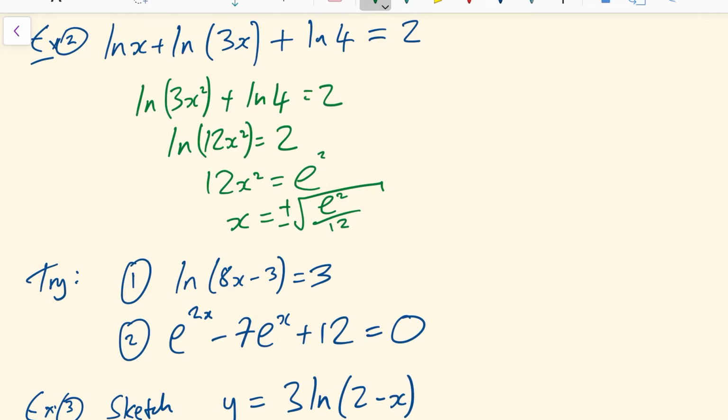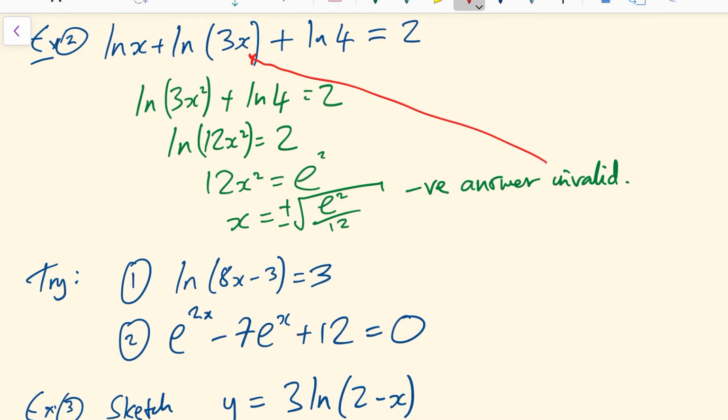However, in this one, the negative answer is invalid, because remember, if we put the negative value into here, we'll be left with ln or log of a negative value, which will give us an error. So our only answer is x equals positive the square root of e squared over 12.